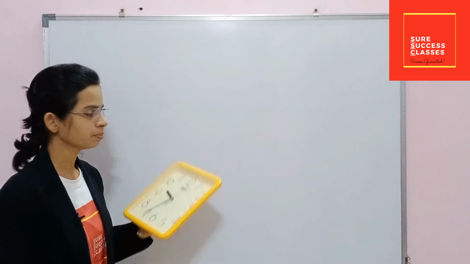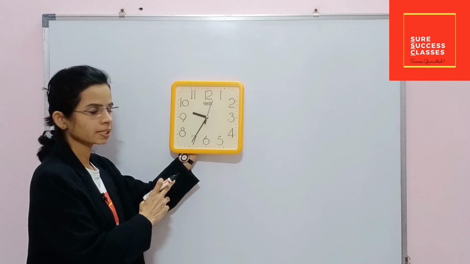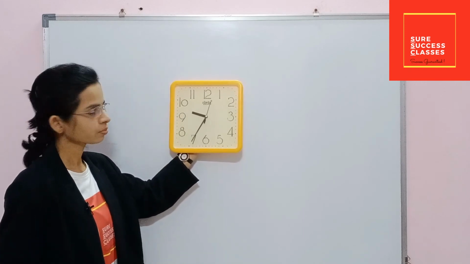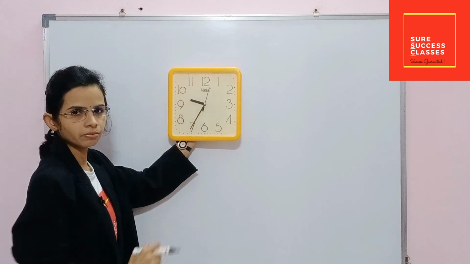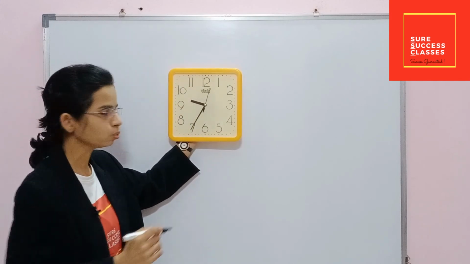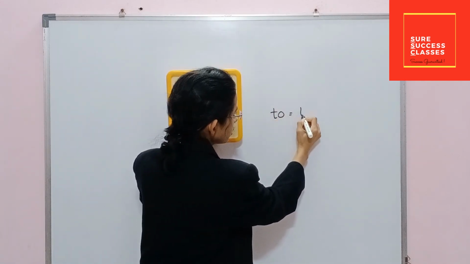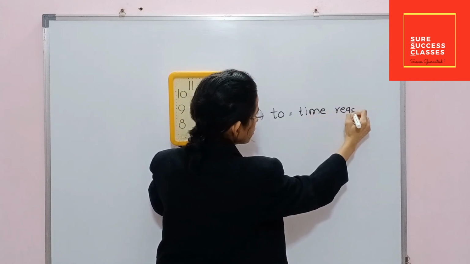Next question is mention the time in the clock. Here the minute hand is at 7 and the hour hand is next to 9. When the minute hand is between the second half, at that time we use the word to. To means that much time is required to enter into the next hour.